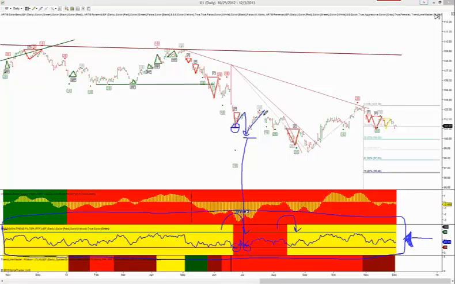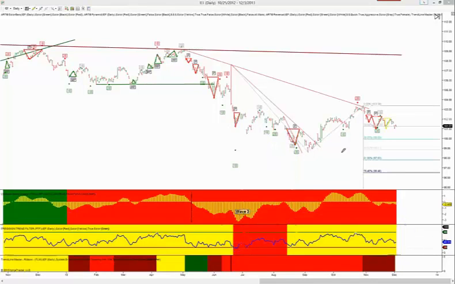So then we had a correction, and then another leg down, and as soon as prices cleared that low here, it went yellow, which means that it's going neutral. And so when it goes yellow like that, again, it just means that the momentum that created the particular price where it is was not significant enough to have the precision trend filter indicate either a red or a green, depending on the trend direction.